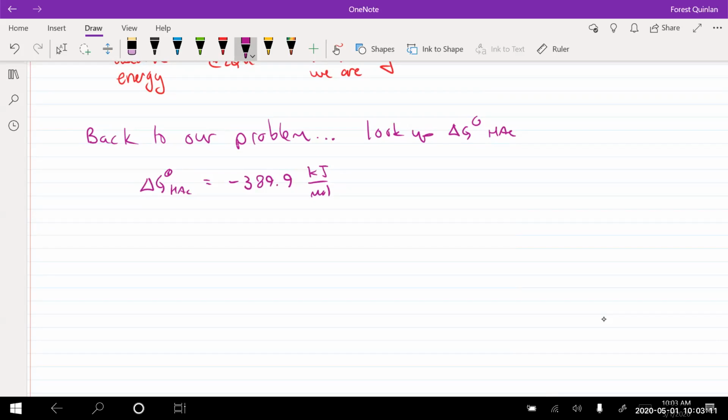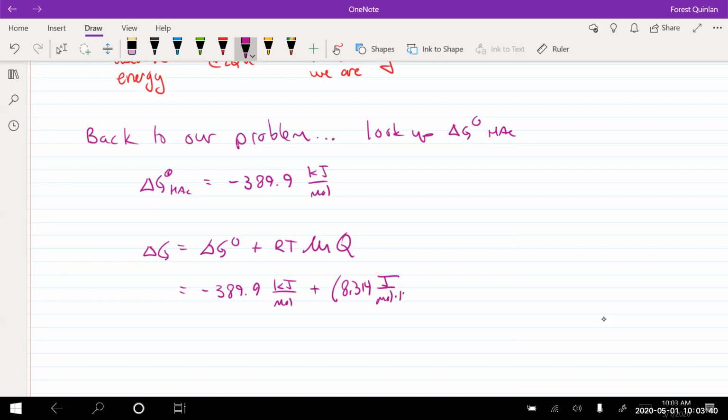So what is it now? Delta G is delta G naught plus RT natural log of Q. So it's negative 389.9 kilojoules per mole plus R, which we now remember is 8.314 joules per mole Kelvin. We said we're at 25, so we'll make that 298 Kelvin.